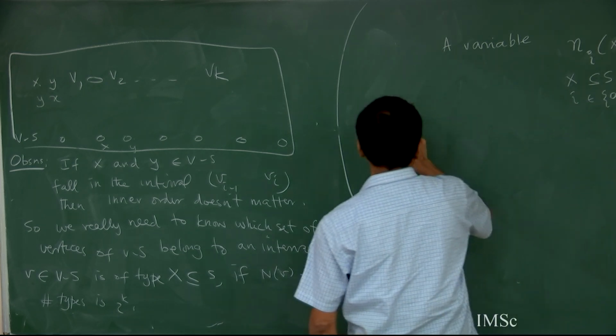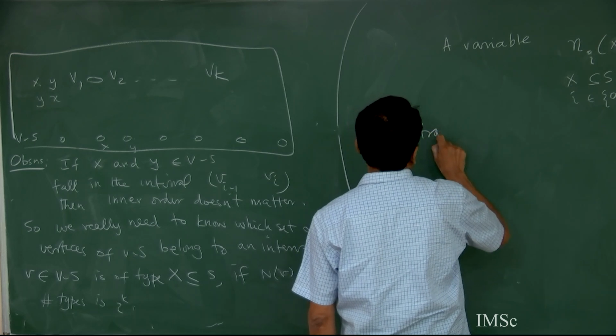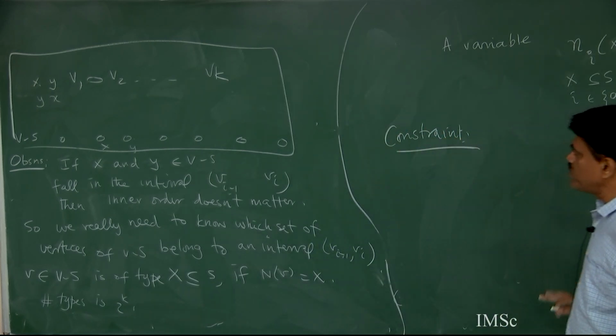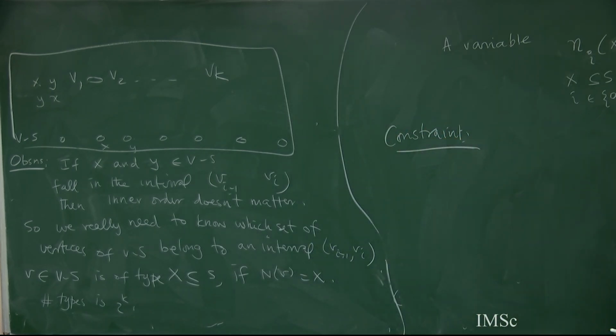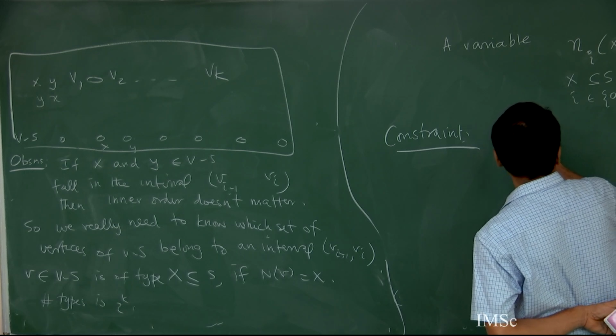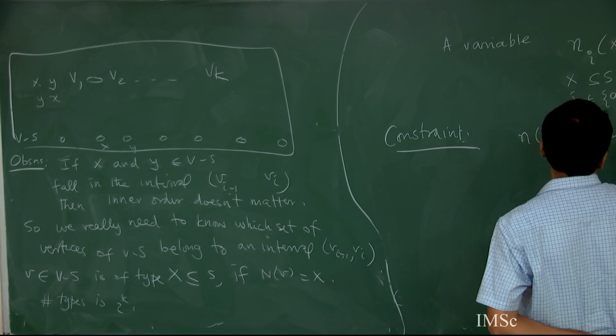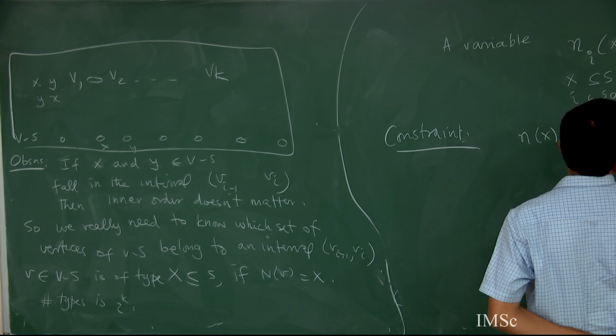The constraint: can I get too many of them into a particular interval? What constrains me? It has to be less than or equal to n. Let me first define n(x), the number of vertices of type x.